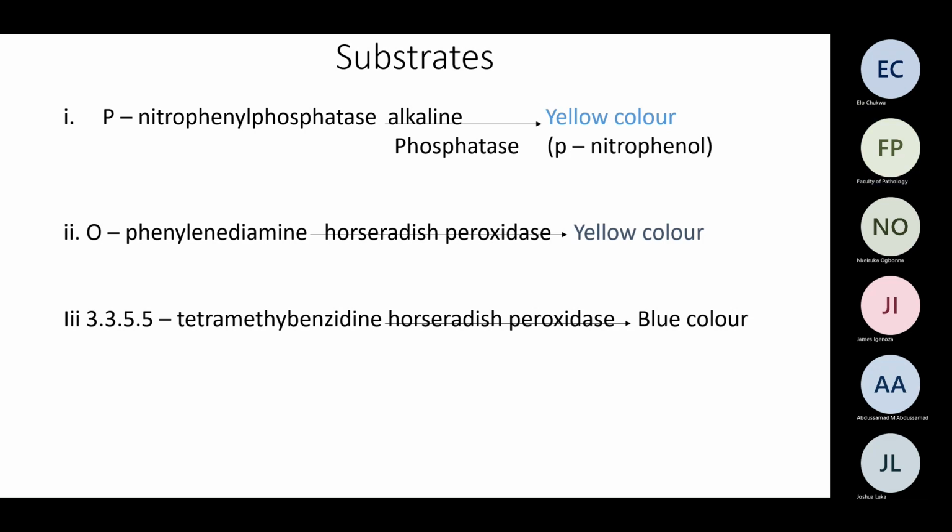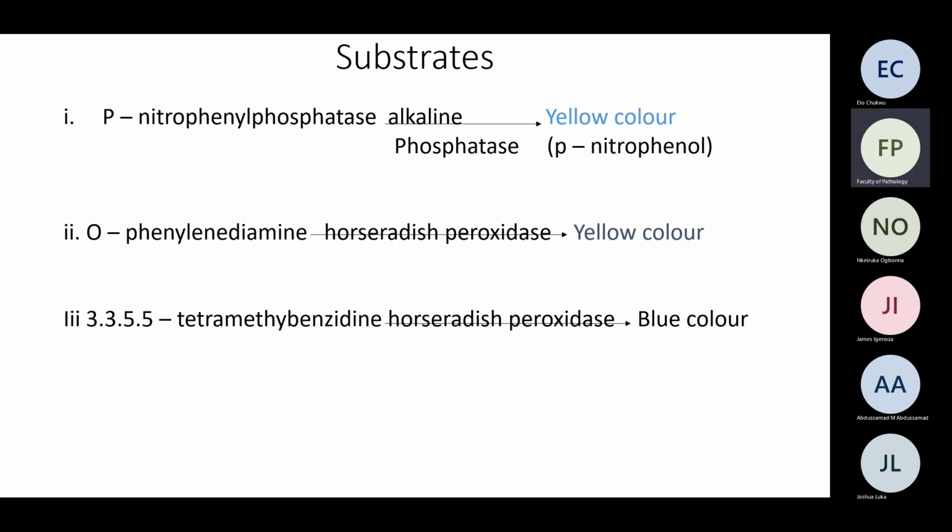Let me repeat. For the substrate p-nitrophenyl phosphate, the enzyme used is alkaline phosphatase, and it changes that substrate to a yellow color. For the enzyme horseradish peroxidase, the substrate is O-phenylenediamine, and horseradish peroxidase will change it to a yellow color.